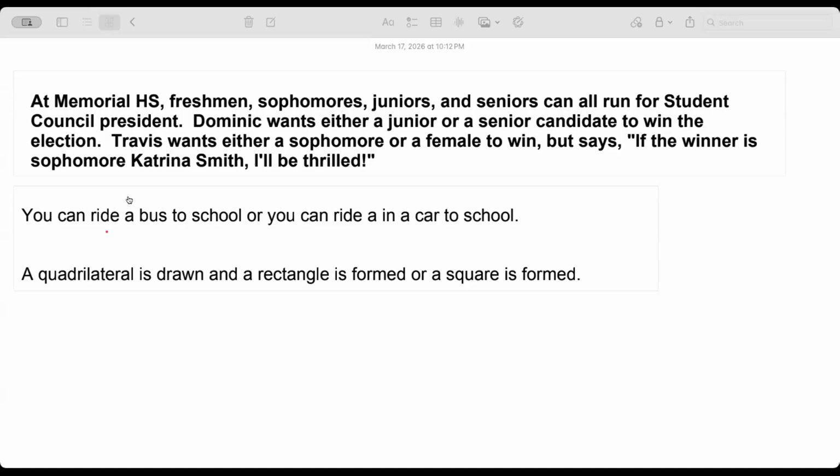Let's see. I'll give you one more. When a die is rolled, what is the probability of getting a 2 or a 5? Is it mutually exclusive, or are they not mutually exclusive? They can't happen at the same time means it is mutually exclusive. So what do you think? Rolling a 2 or a 5?